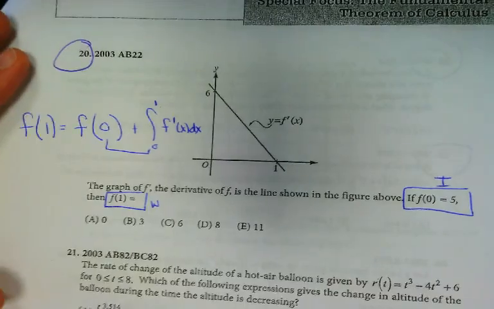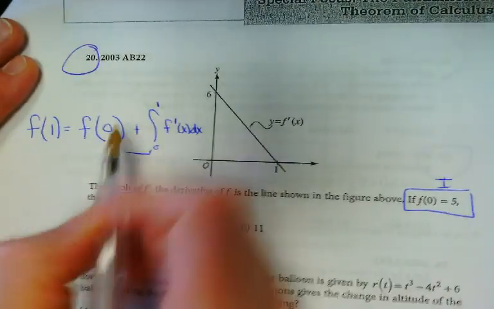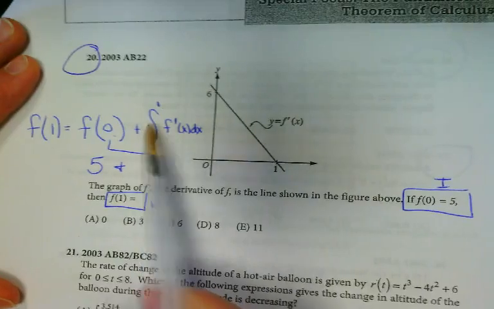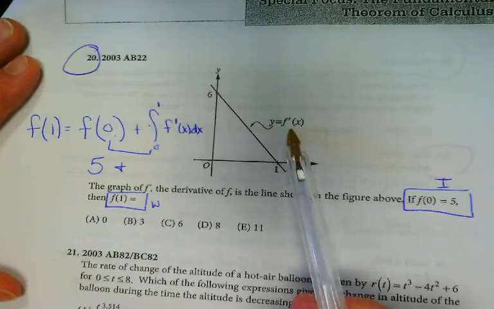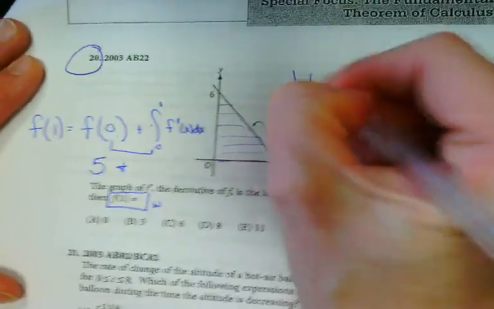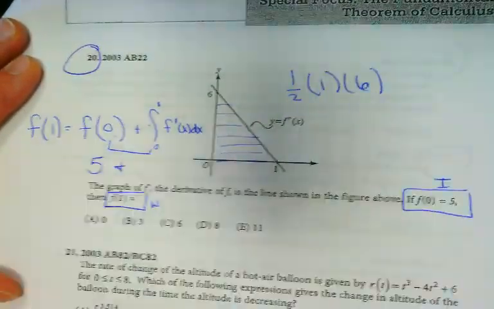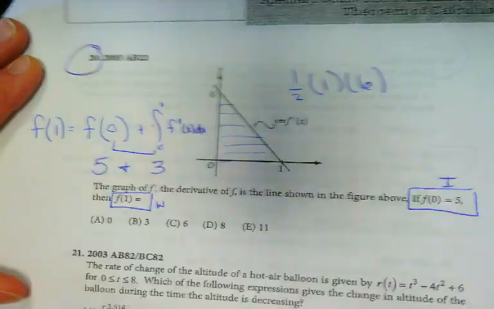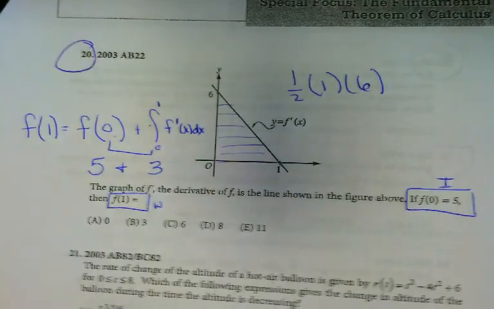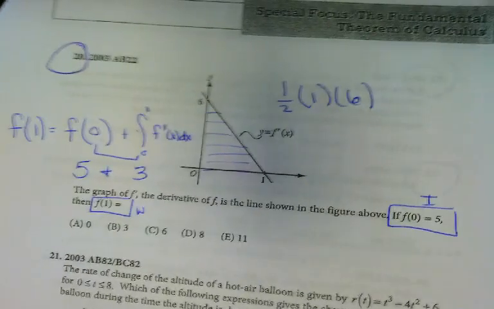Again, it's the same question over and over. So I know f of 0 is 5. How am I going to find the integral of f prime if I'm given a graph of f prime? Find the area. What shape is it? Triangle. So it's just 1/2 base times height. That should have an area of 3 for a nice easy 8. Okay. But again, doesn't go away. That was on our practice exam, I think.